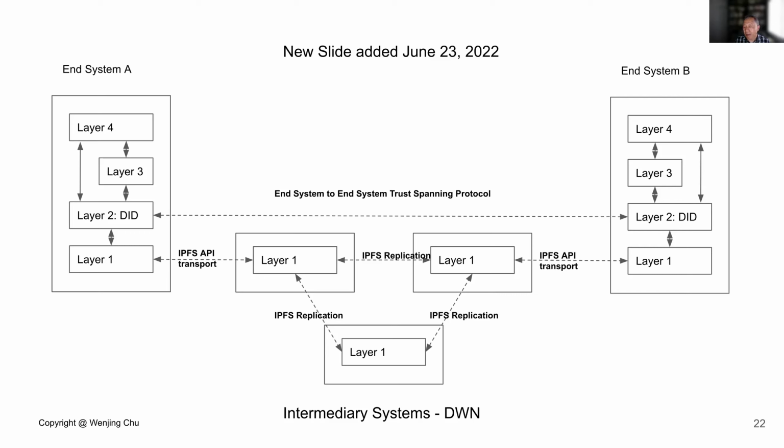between them, so that end system A and end system B may be talking to very different kinds of DWN nodes, but the message will be reached with the same trust guarantees that systems A and B have in mind, and using the same trust spanning protocol in layer 2.